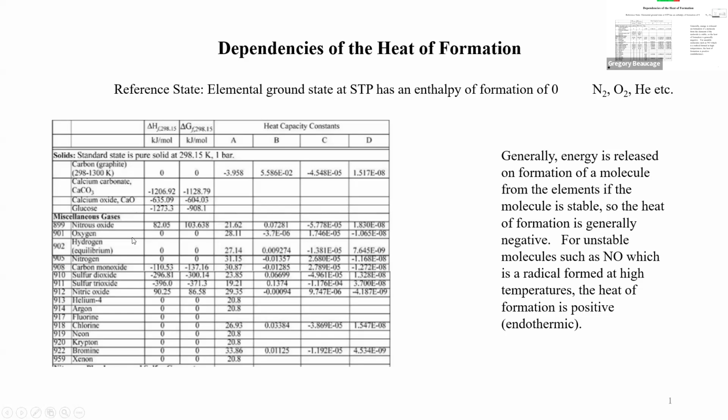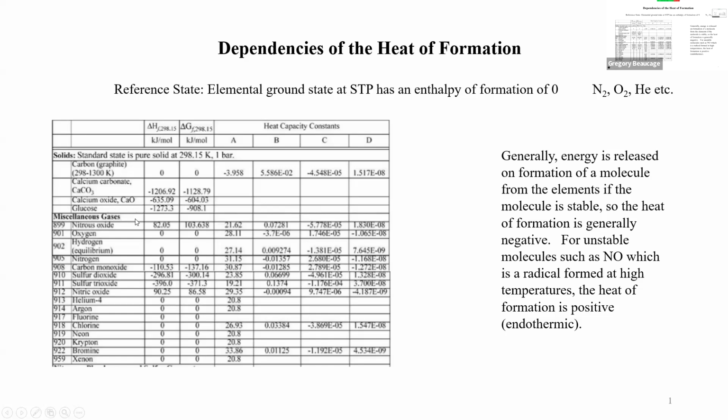If you're going to make these materials, you start with those ground states, and then you add up the energy to create calcium carbonate from calcium metal at room temperature, and carbon in graphite form, and oxygen, O2. So it's the delta from that state to this state at room temperature.